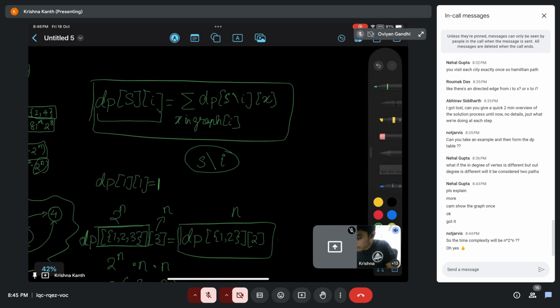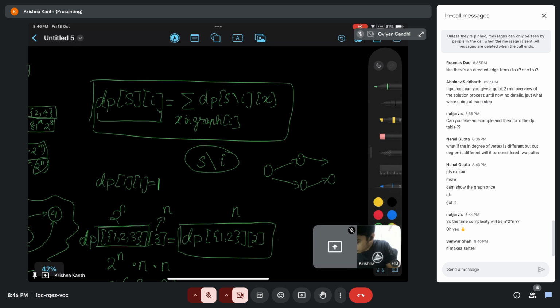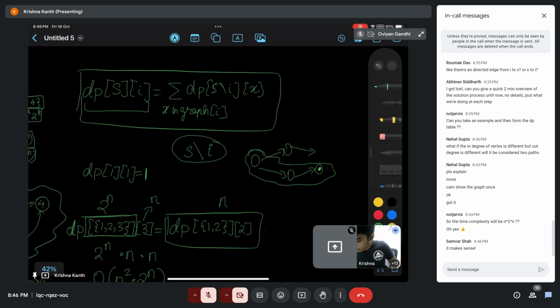Okay, I'll try to explain it like this. Let's say we have some graph like this. I'll take a simple one to explain. Let's say we want to visit every single node and we want to finally end at this node. So now we want to visit nodes 1, 2, and 3.